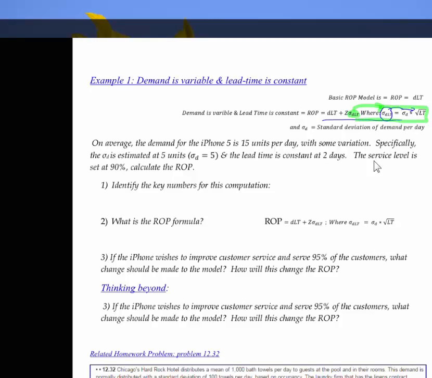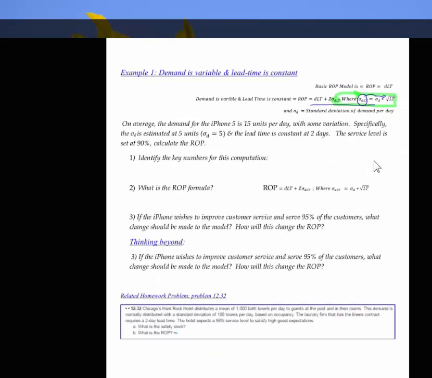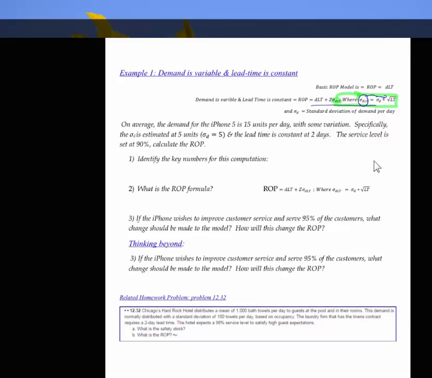The next challenge with these is figuring out which methodology we should be using. I tell you up here that demand is variable and lead time is constant, but it can be difficult to know which one to use. So I want to show you how, when you read the problem, you know which formula to use. It says on average, the demand for iPhone 5s is 15 units per day with some variation.